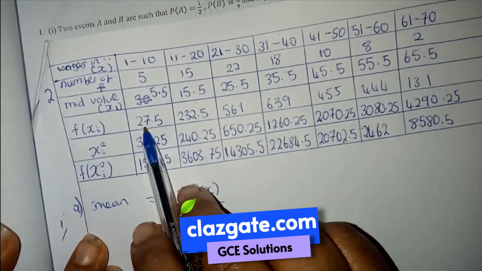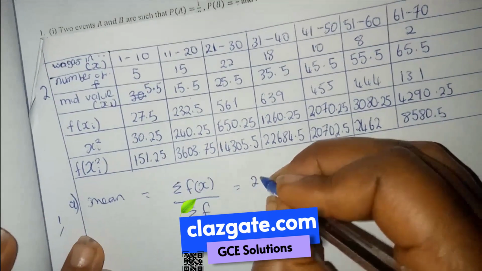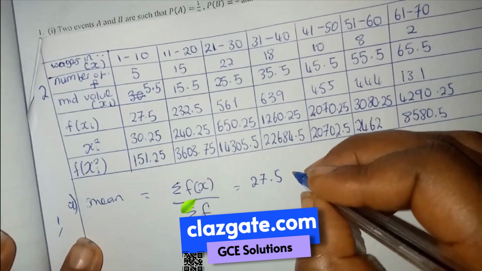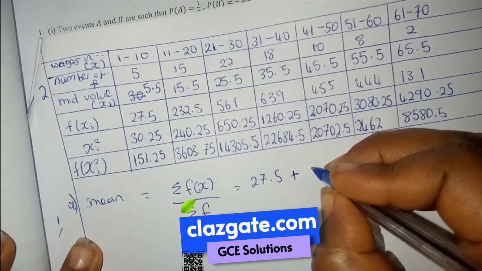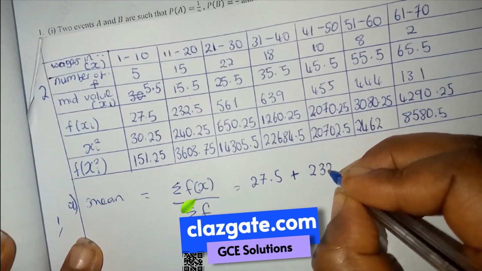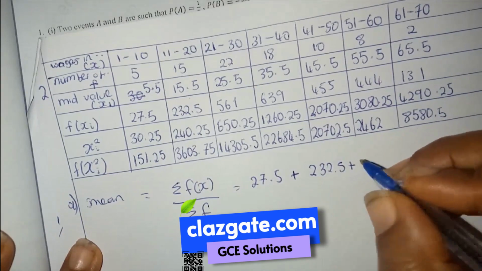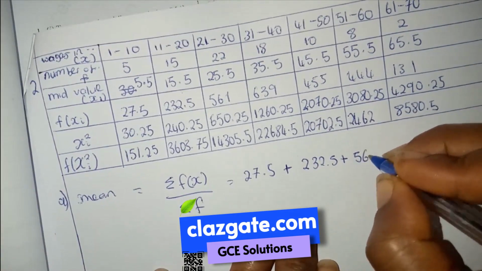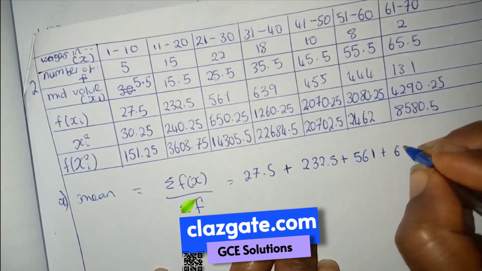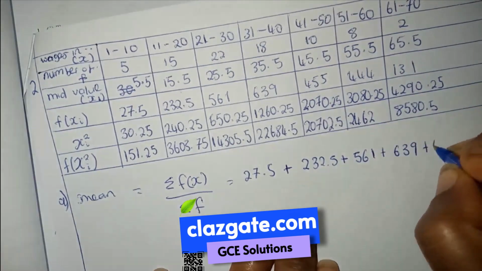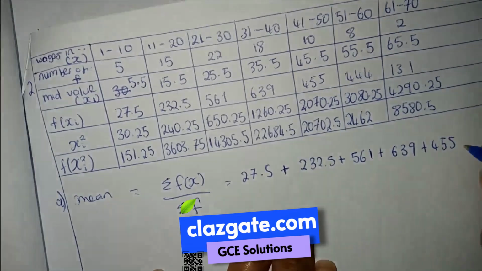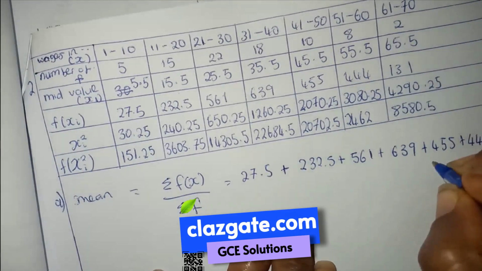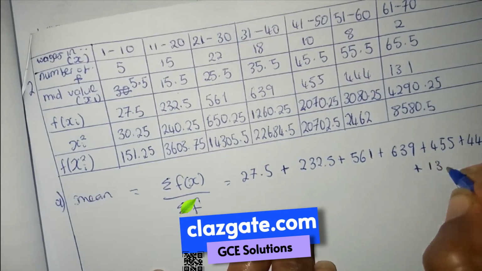So we'll say 27.5 plus 232.5 plus 561 plus 639 plus 455 plus 444 plus 131.